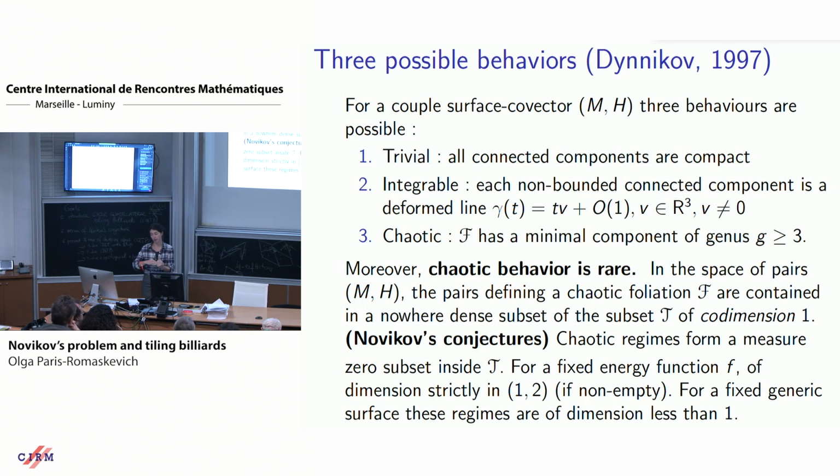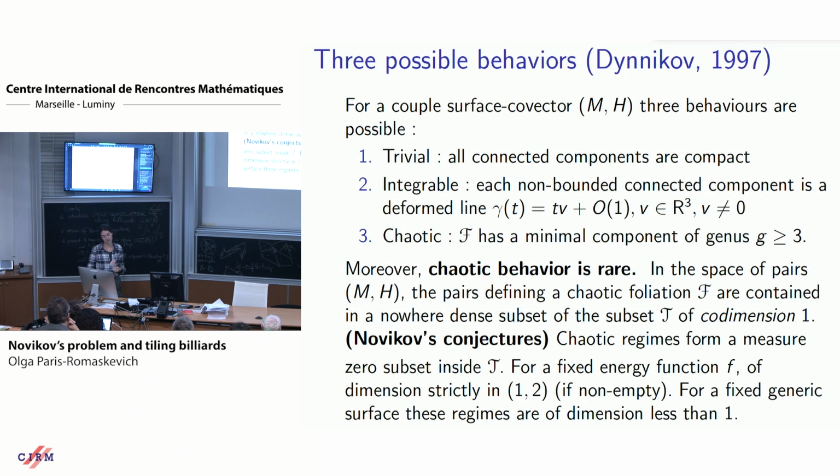It's when you can have some compact components, but you also have non-bounding components, but they all look like deformed lines. So you have lines and you have some circles, something which looks like this. Of course, circles are topological circles, so the periodic orbits can be as big as you want.